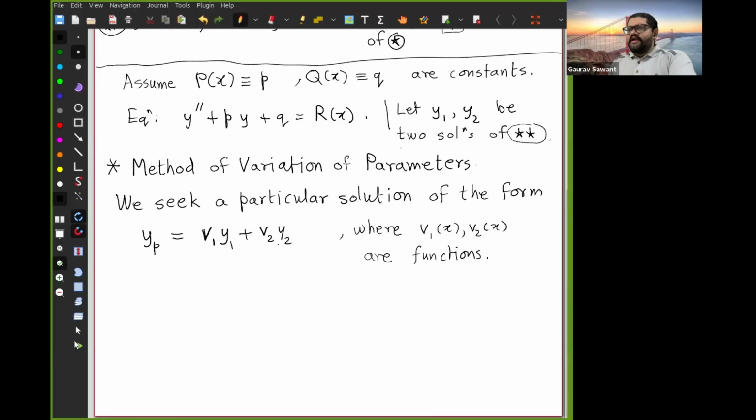Our idea is that this yp must satisfy the above equation y double dash plus py dash plus qy equal to r(x).